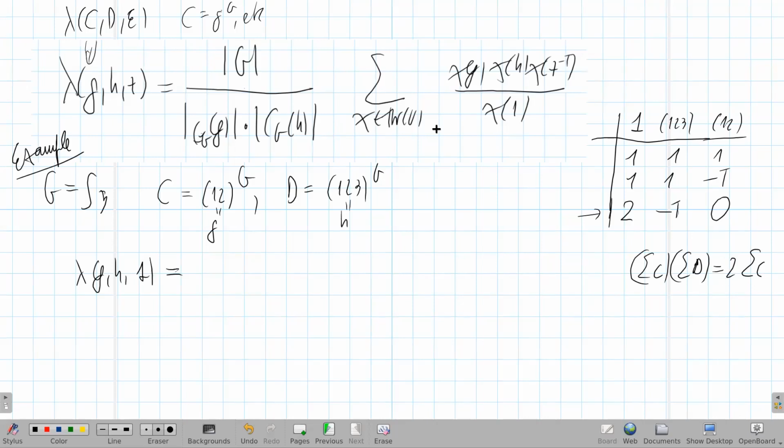So we have to do this sum. This coefficient is equal for all, I mean, G and H are fixed. It doesn't depend on Z. So what's this? The order of the group divided by the centralizer of G, which is order 2, and this is order 3. So this really cancels out, okay? Well, no, just a second.